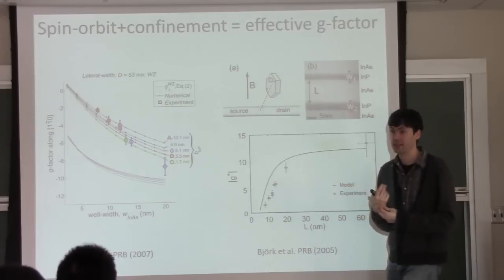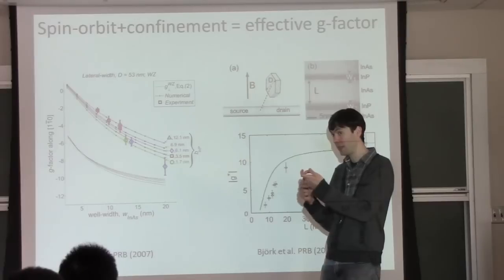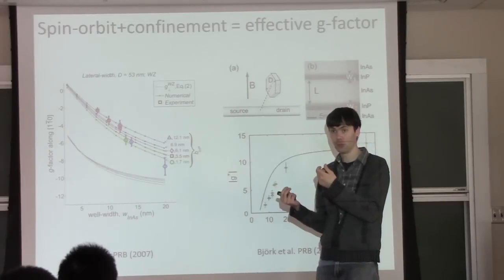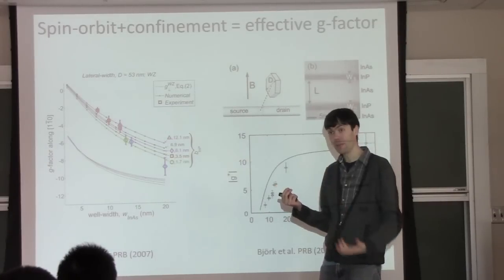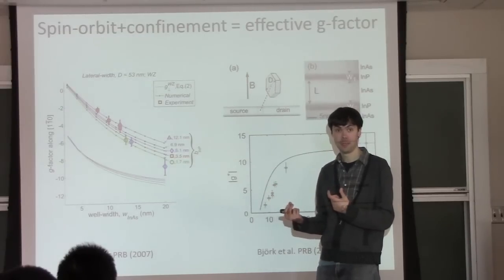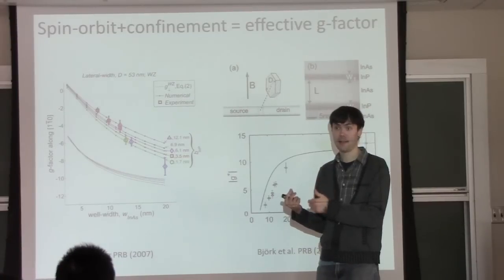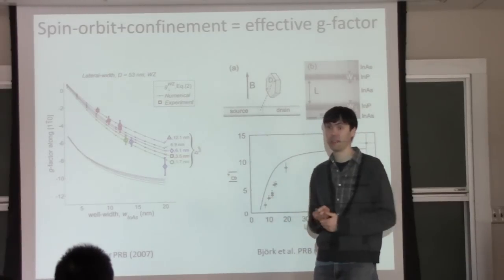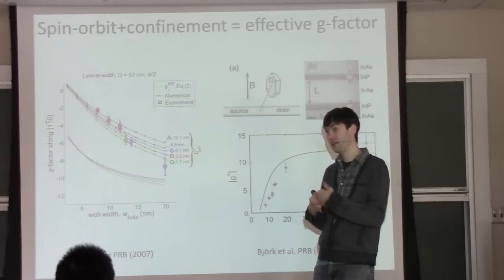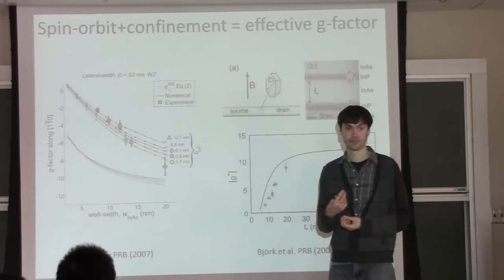And the reason why that's the case is because of spin-orbit interaction, because spin and orbital motion are coupled, and as you apply a magnetic field, you change the orbital motion. So you add energy to the electron, and that energy exhibits a Zeeman splitting. So effectively, it looks like spin has a larger g factor.